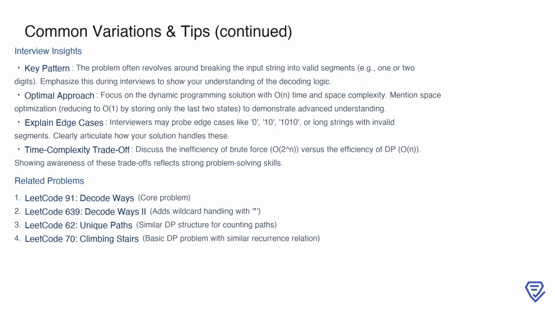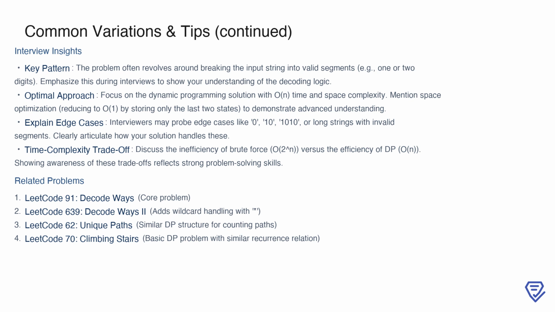To excel in interviews, it's helpful to focus on several key insights. One important pattern is breaking the input string into valid segments either as one-digit or two-digit numbers. Clearly explaining this logic can demonstrate your understanding of the problem's core requirements. For the optimal approach, emphasize the dynamic programming solution with O(n) time and space complexity.